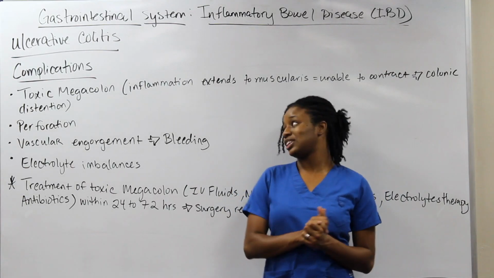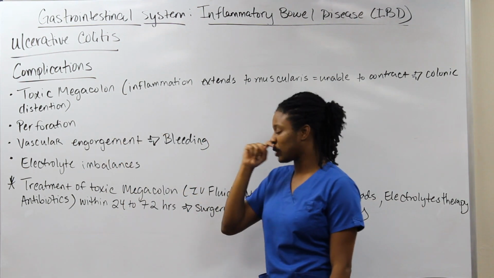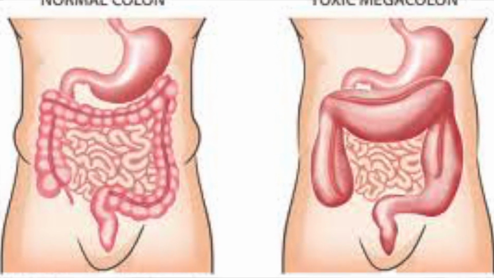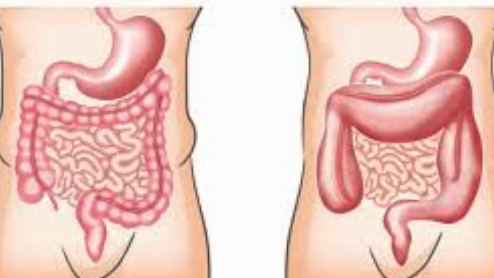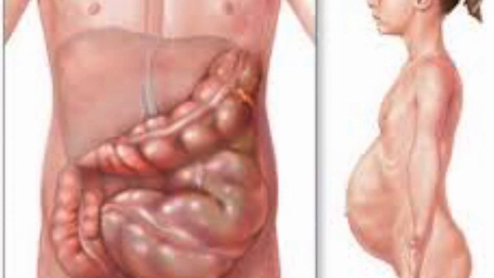Complications of ulcerative colitis, all right? So we have toxic megacolon, which is pretty much inflammation that extends to the muscularis area. So remember, when I was saying that you have the different layers, right? You have 4 different layers, and I'm just going to put a little drawing here.